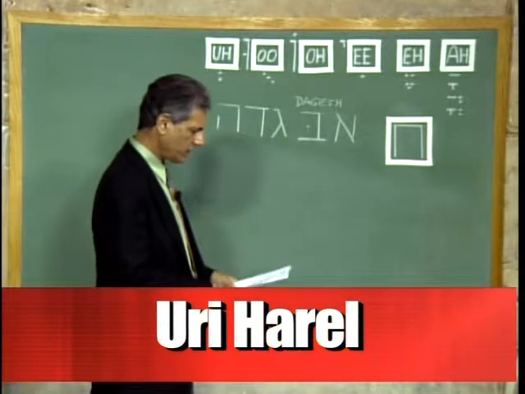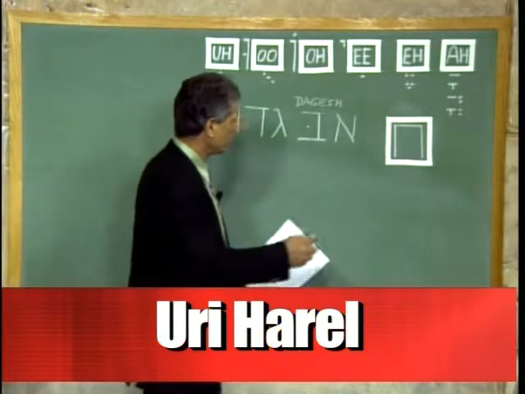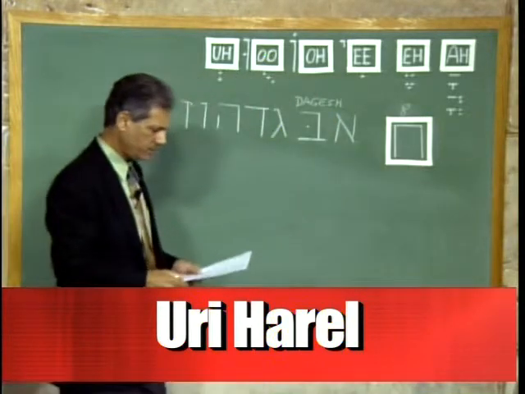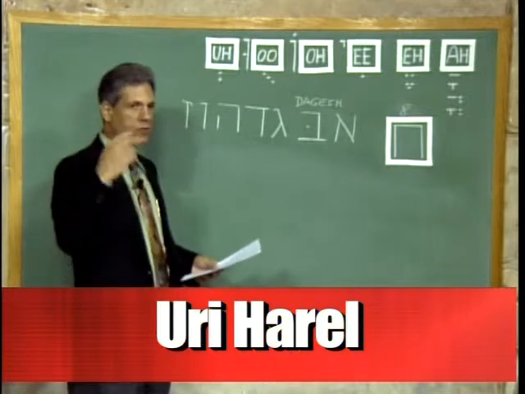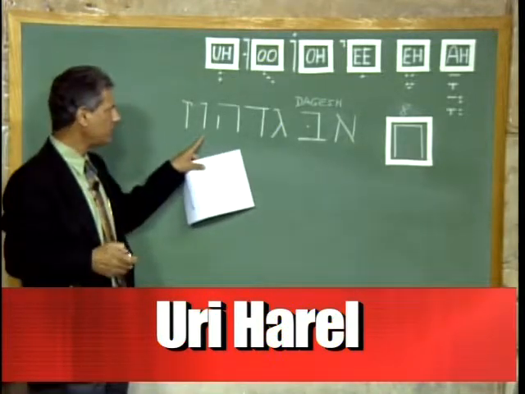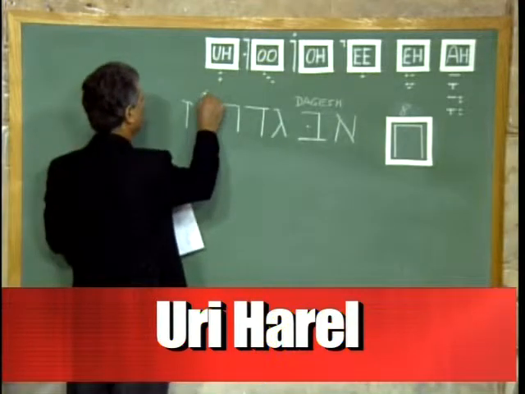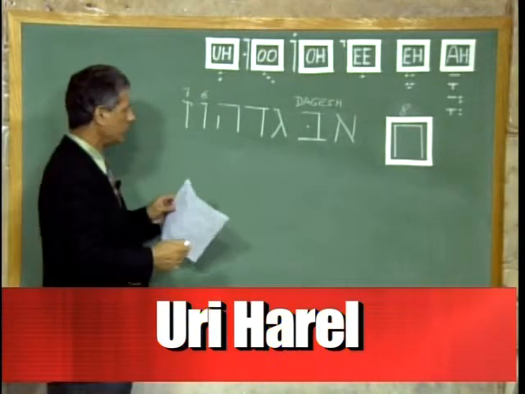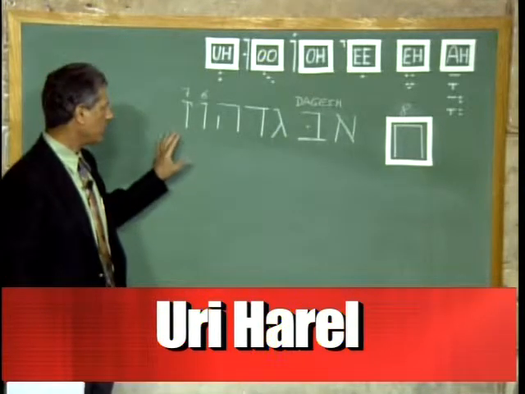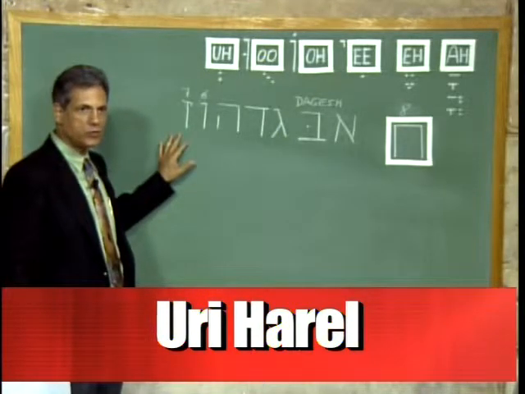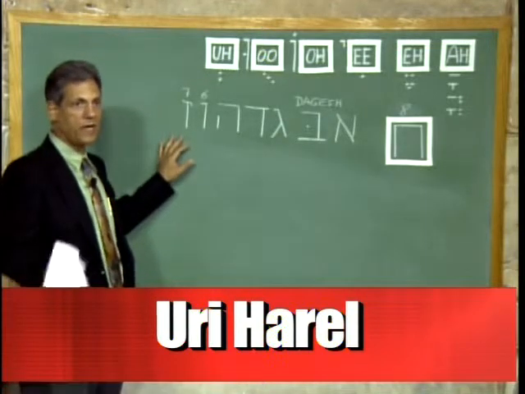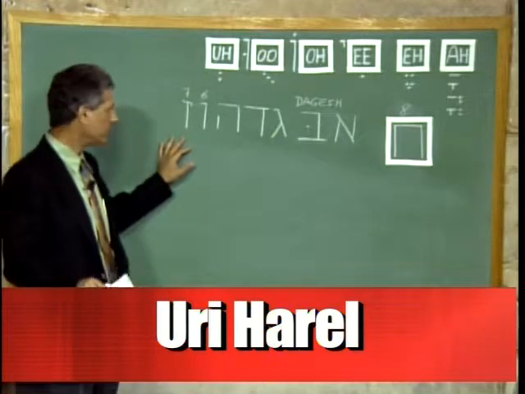Now, what is the Het, which is number 8? It represents the supernatural, because we went through Vav, number 6, which was the completion or the wholeness of the physical world. Then we went to the Zayin, which was number 7, representing the completion of the physical and spiritual world.